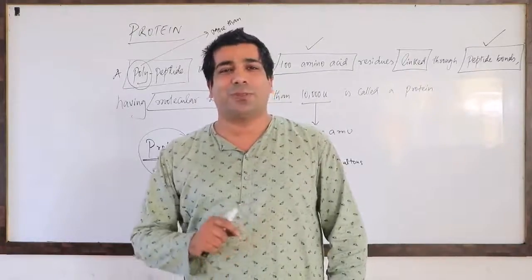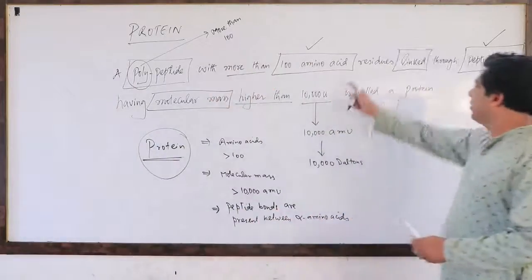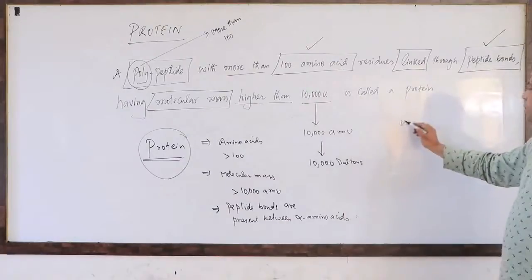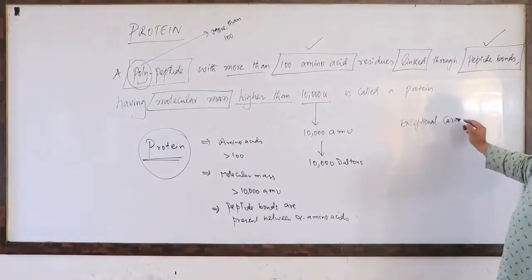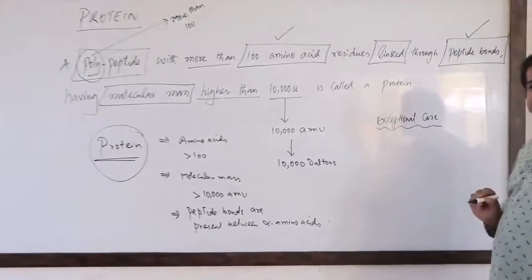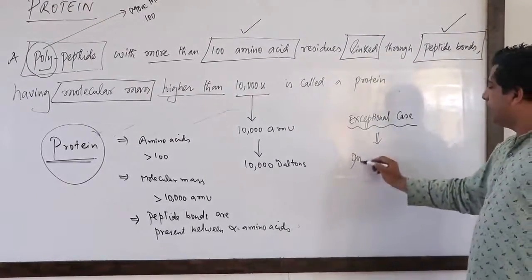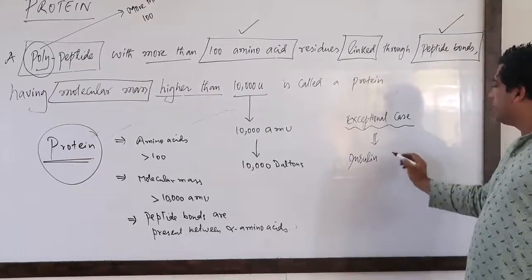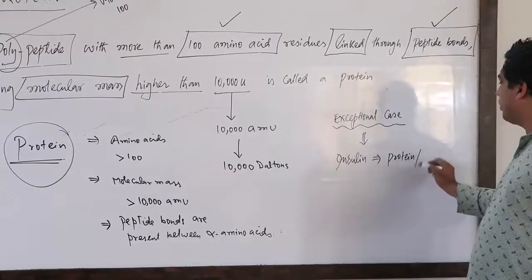But that is also a protein. That means there is an exception to this definition. So I will write down here: exceptional case. Please remember this exceptional case. Who is this? That is our insulin.